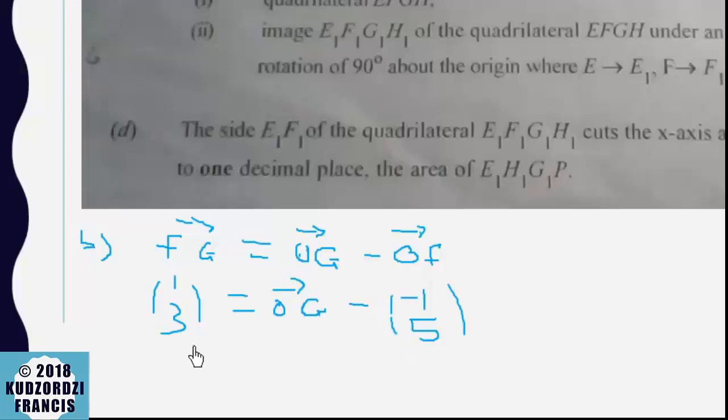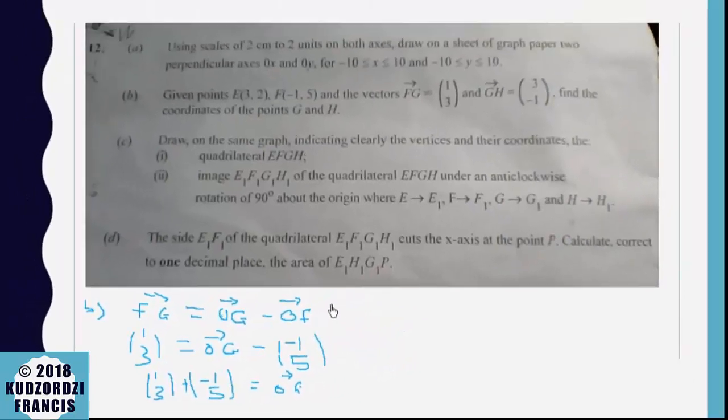So (1, 3) plus (-1, 5) will be equal to OG. So this will give us 1 plus -1 and 3 plus 5, which is equal to OG.